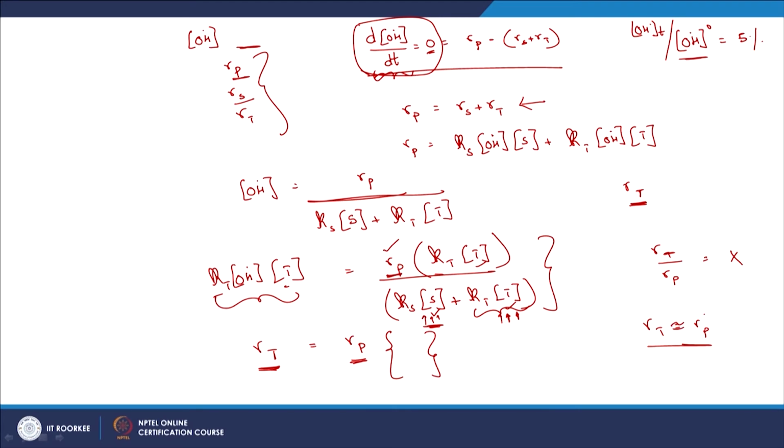Let us just write that down here. So, I have the rate of loss of hydroxyl radical during its oxidation of the target would be equal to the rate of production of the hydroxyl radicals times Kt times the concentration of target by Ks times S plus Kt times T, right.